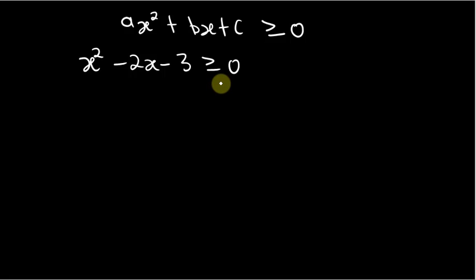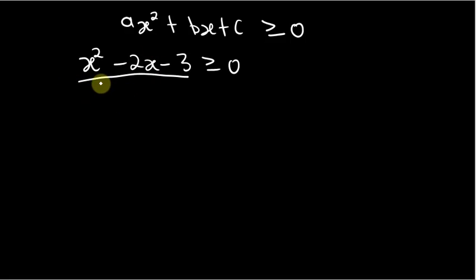How can we find the true set of this particular quadratic inequality? Yes, the true set. Now for you to find the true set, what we have to do is try factorizing this quadratic expression or solve for it.